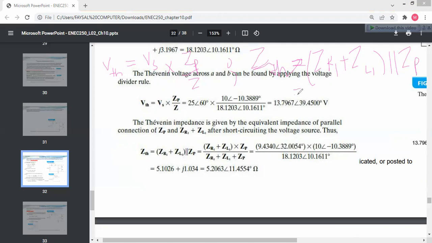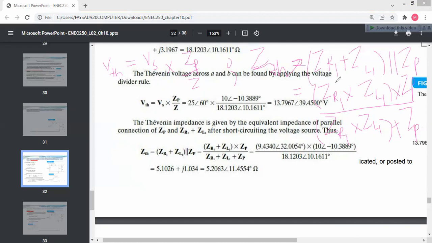So Z Thevenin equals ZR1 multiplied by ZL1 multiplied by ZP, divided by ZR1 multiplied by ZL1, and then I have to sum with the impedance value, so plus ZP.